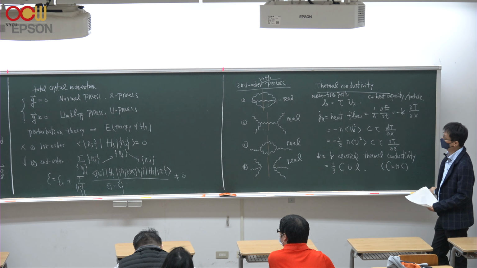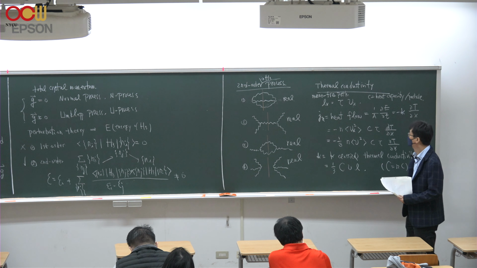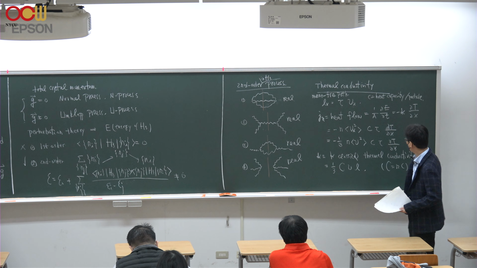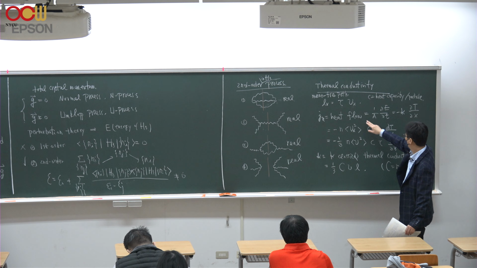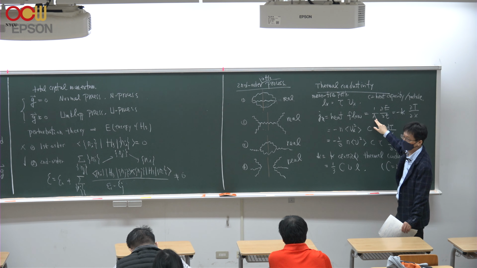And we could discuss the heat flow of an object from, say, one place to another along the x direction. So the heat flow is the time rate of the energy per unit area.